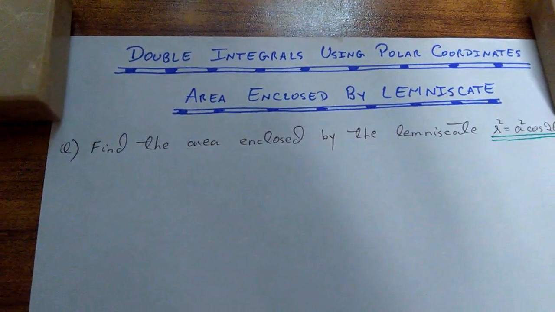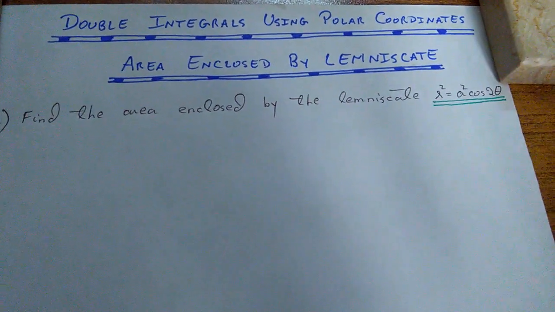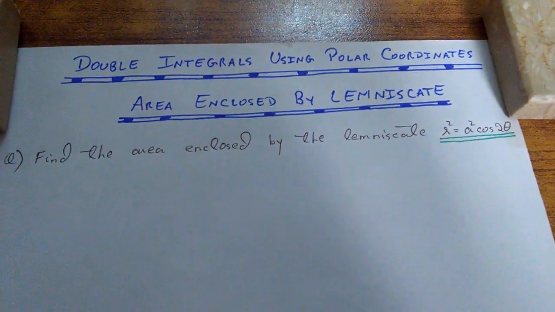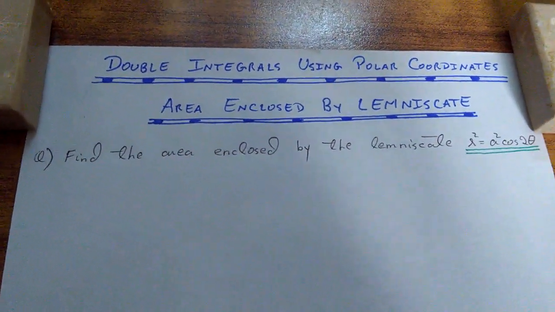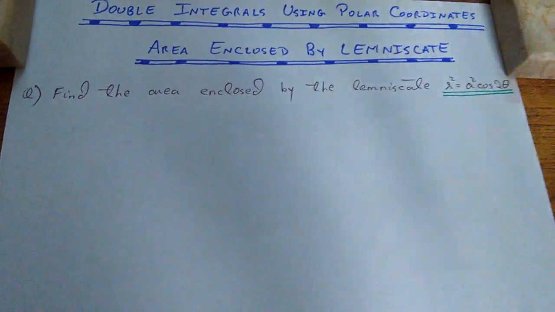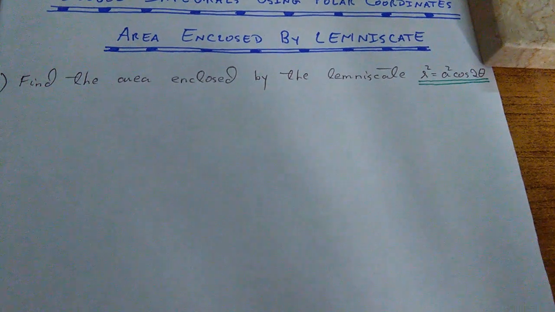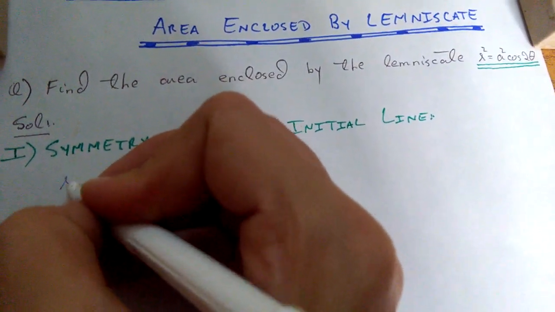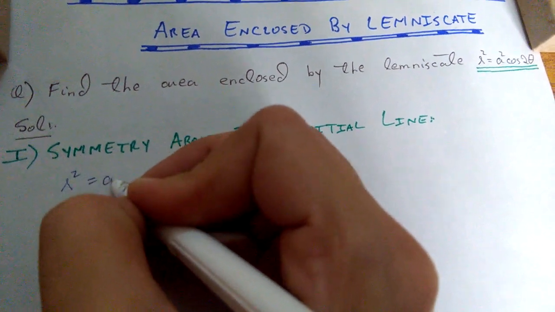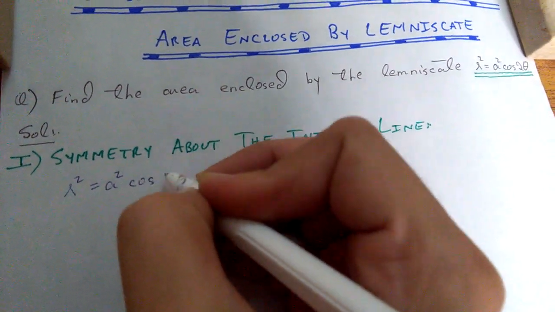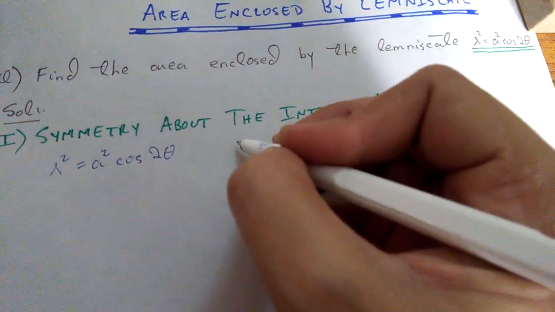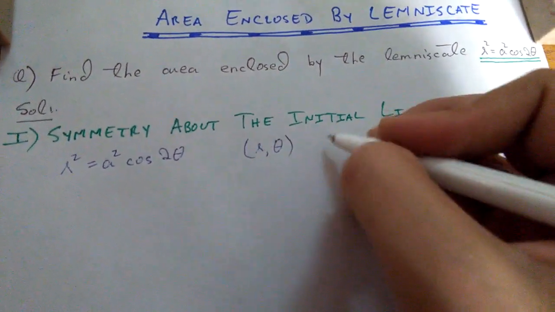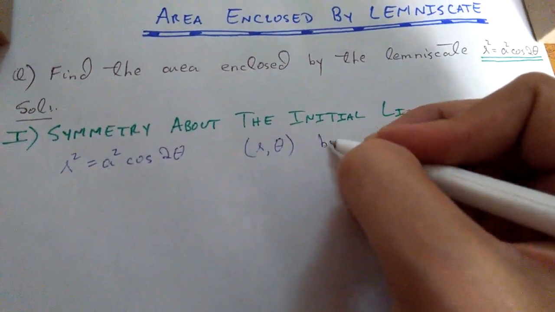Okay, so first of all, we will check whether this lemniscate is symmetrical about the initial line or not. This is the equation.